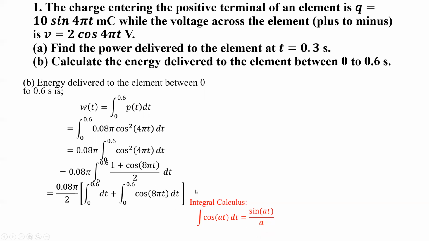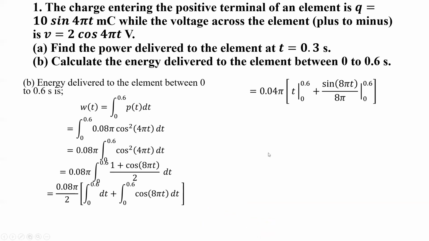Now replacing this, we get this term here, t. Since this is between intervals, we have to integrate between 0 and 0.6, and the second term cos becomes sine, divided by the coefficient of time, that is 8 pi, again between 0 and 0.6.